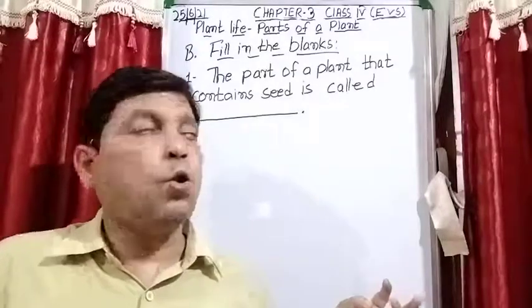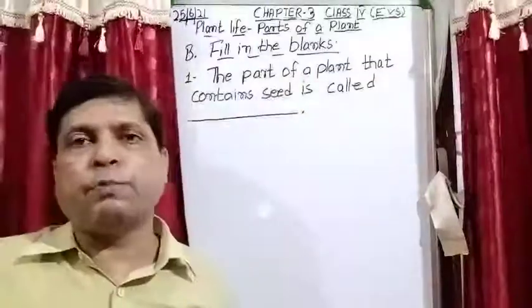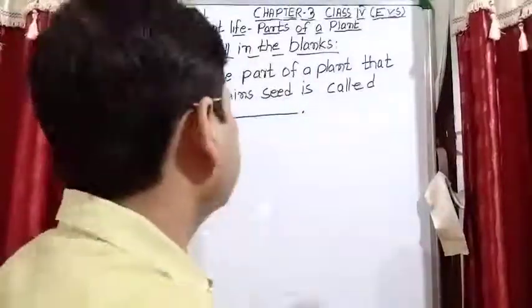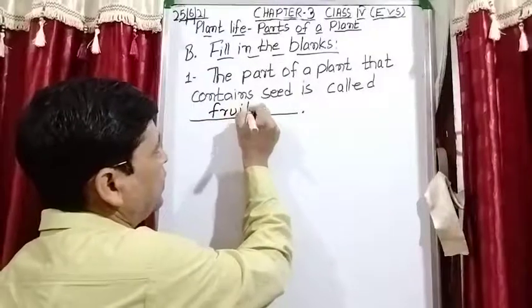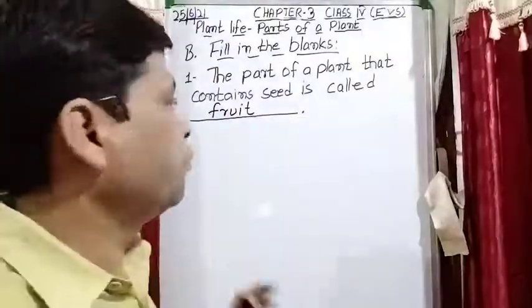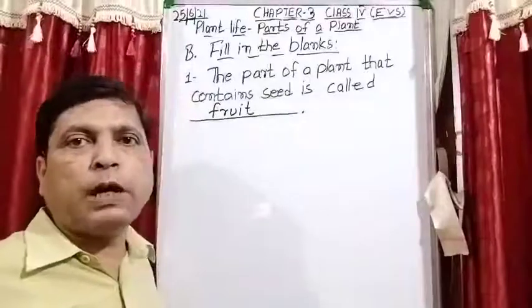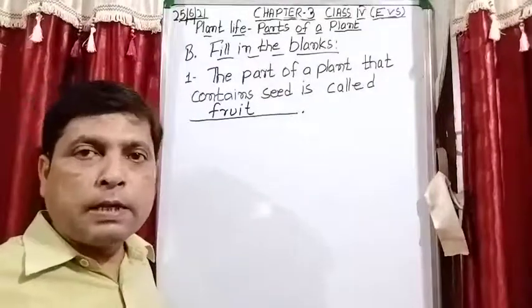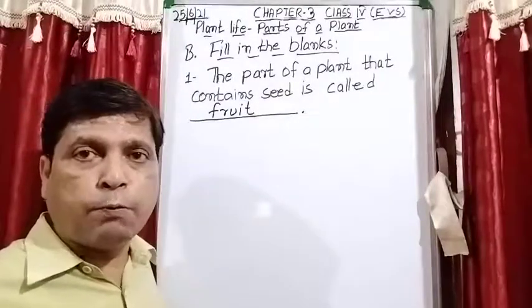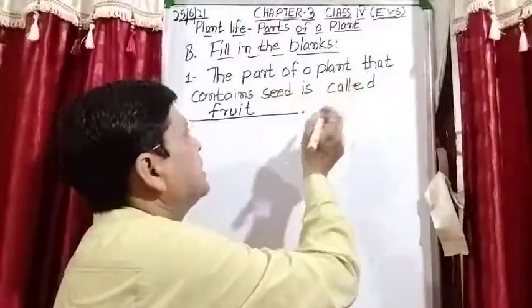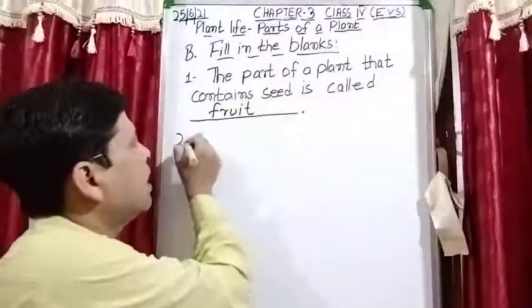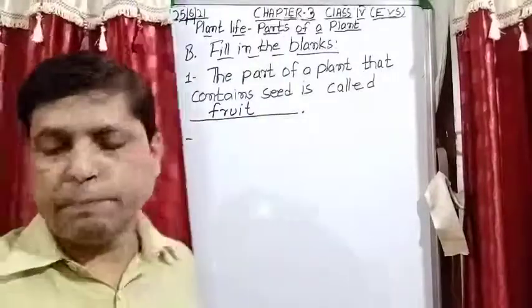Out of these parts, which part contains the seed? That is the fruit. When you cut the fruit, you will see seeds inside it. So the part of a plant that contains seed is the fruit.